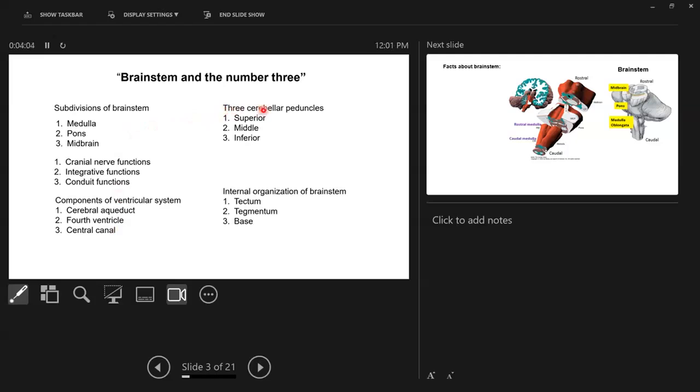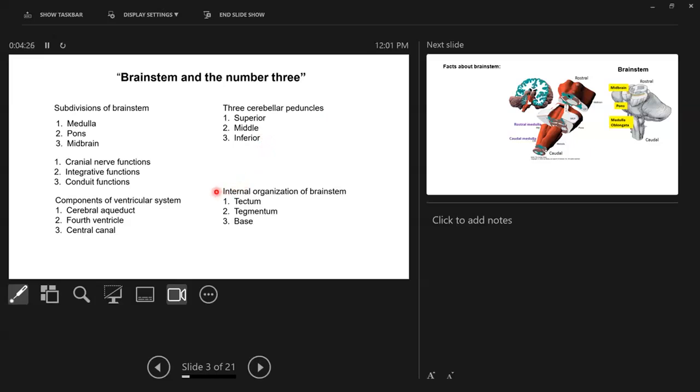Again, using our favorite number, the number 3, there are 3 pairs of cerebellar peduncles connecting the brainstem to cerebellum: the superior, the middle, and the inferior cerebellar peduncles. We will see these later on.